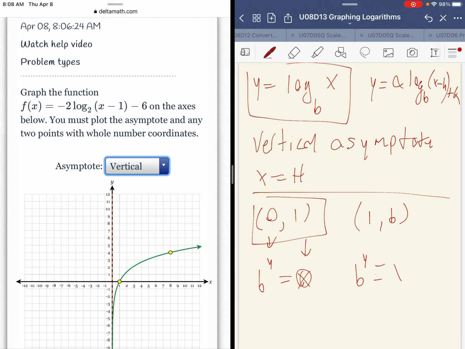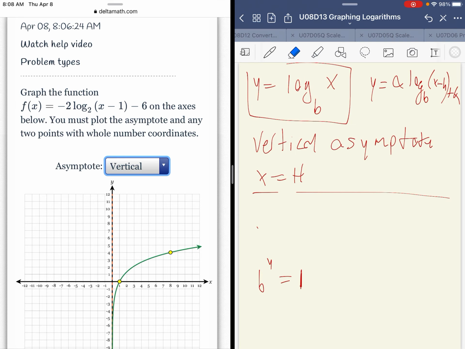Let me go back a little bit. x will be 1 when y is 0, so this point should be 1, 0, not 0, 1, excuse me. So the first point that's on every logarithmic function is 1, 0, because when x is equal to 1, y had to be 0.